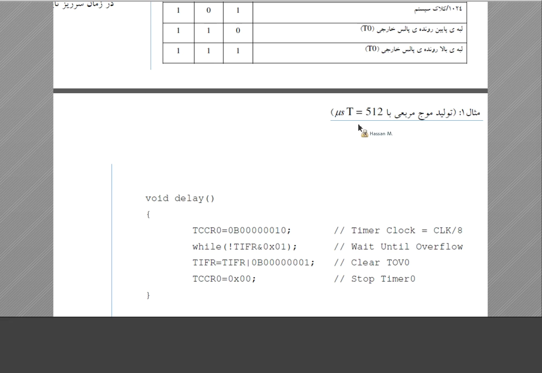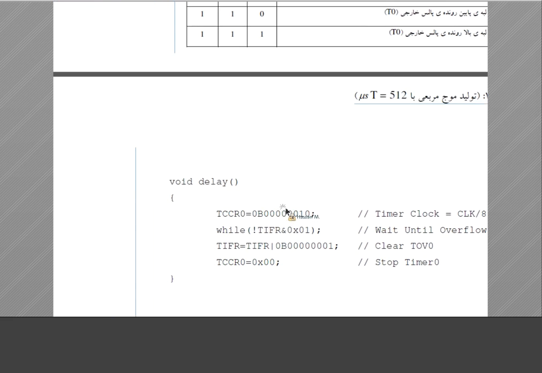That means we have 256 for the off part, and 256 for the on part. The sum of these 2, one clock cycle, is 512 microseconds. That's right. We see the code.